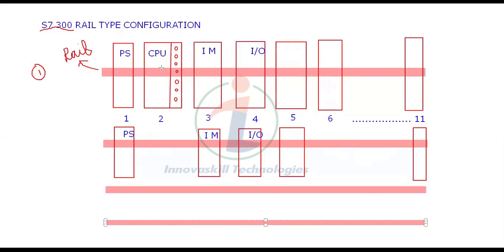Okay, this is the main rail. How this rail and this rail will be interconnected is that in this rail we have an option called IM. This IM stands for interfacing module.